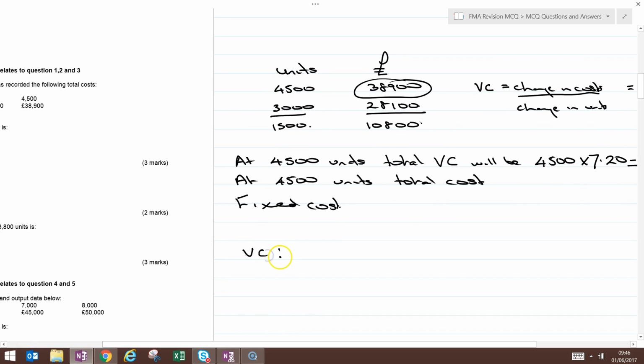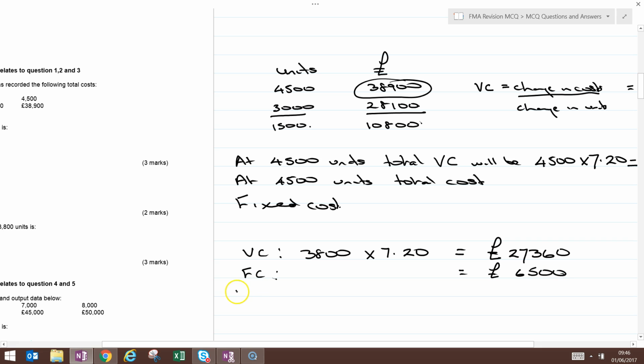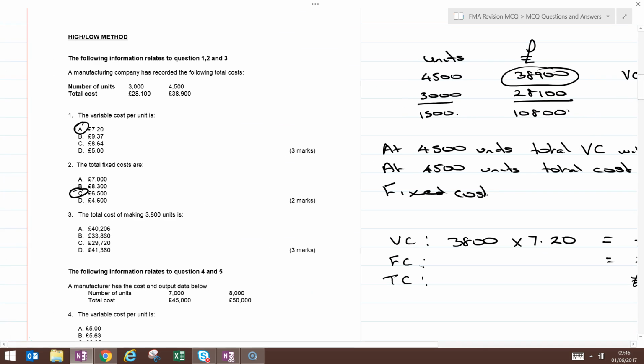For 3,800 units, we know the variable cost is £7.20 a unit. So that gives us 27,360. The fixed cost we've just worked out to be £6,500. So the total cost, those two added together, is 33,860. So the answer to question 3 is B.